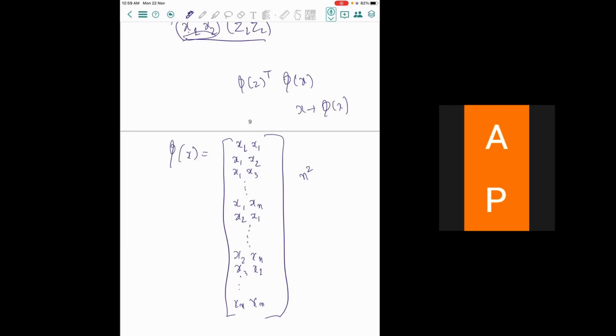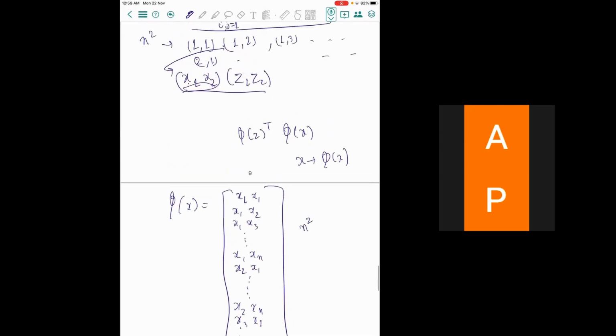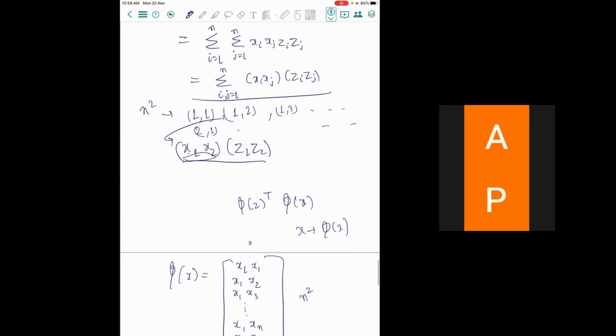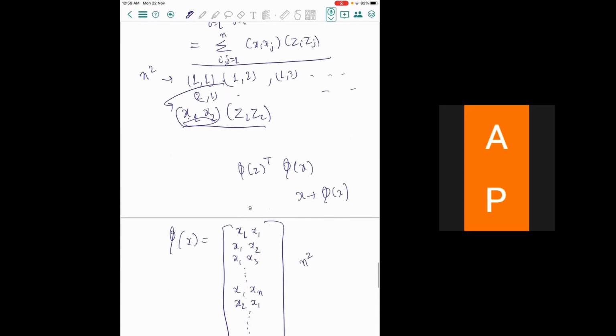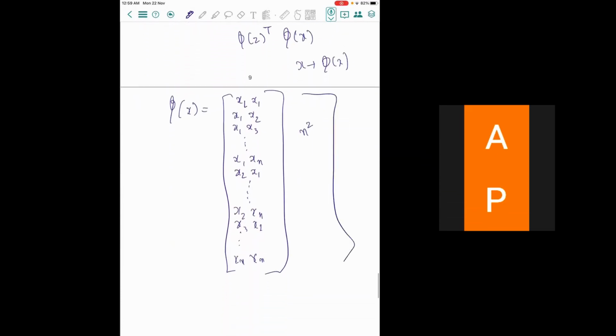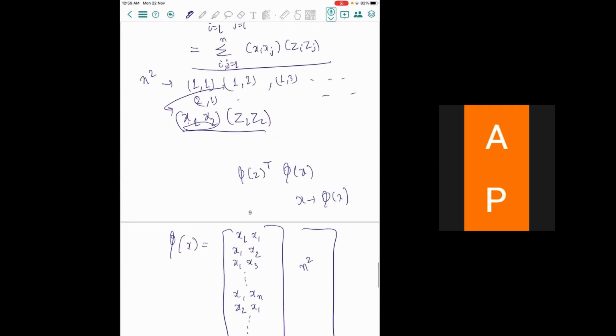Here is where the dual comes into play, because if we didn't have the dual formalism, this dot product would have been useless for us. This dot product doesn't do anything; we would have to use this whole feature vector again. But because the solution of the dual problem is the same as the solution of the primal problem, these dot products become useful for us.